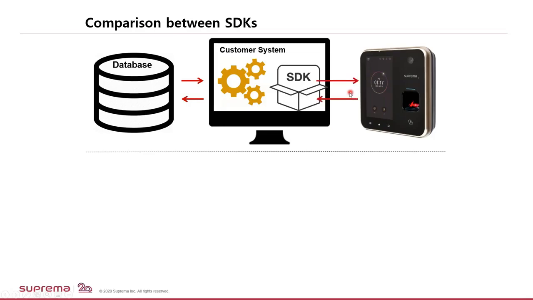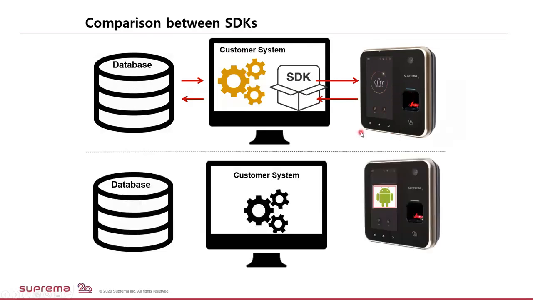Here you are only using it to customize your server, and you will still be working with the stock firmware for the device. But in the case of the SBP Android SDK, everything will be customized. And why? Because the SBP Android SDK allows you to unlock everything in the device, okay?